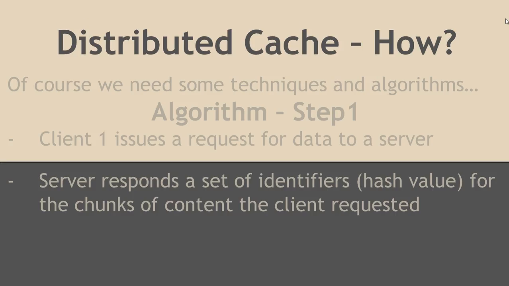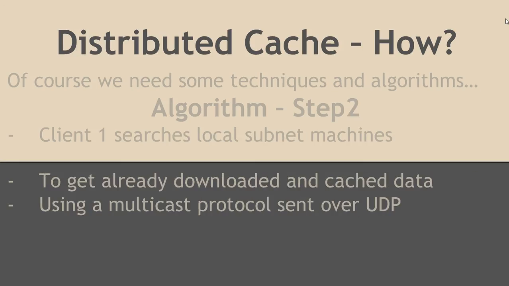Then client 1 will search local subnet machines to get the data from machines that already downloaded and cached the data. It will use a multicast protocol over UDP to send the request to its peers.